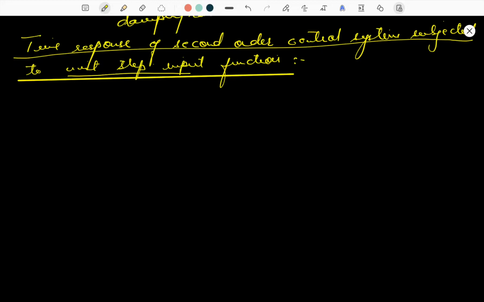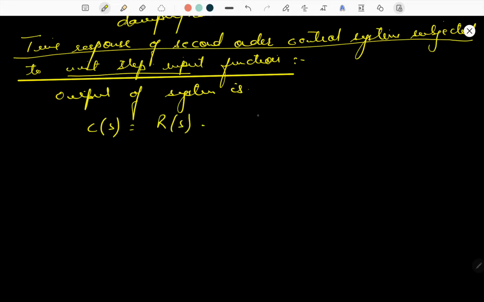Okay, so just take the output of the system. The output for the second order system is C(s) equals R(s) into omega n square upon s square plus 2 zeta omega n s plus omega n square.